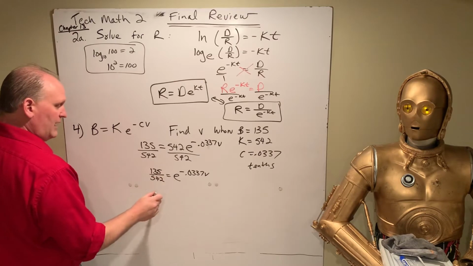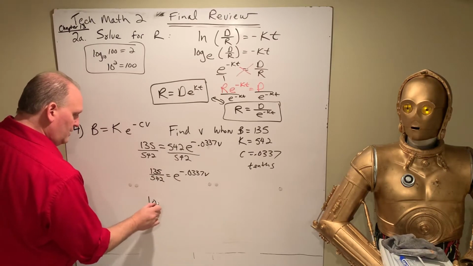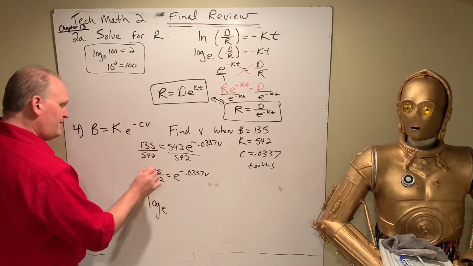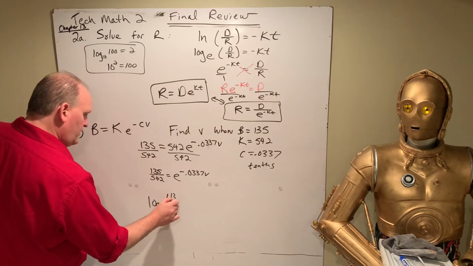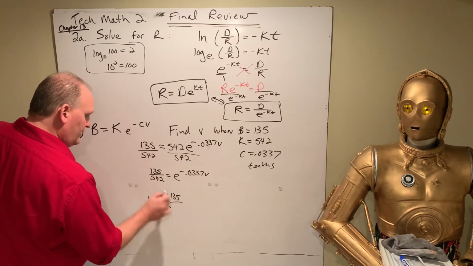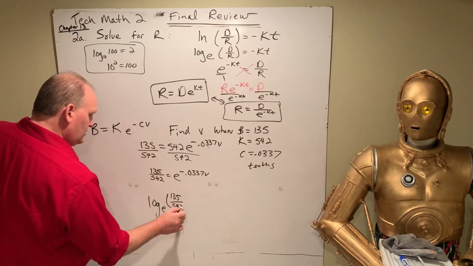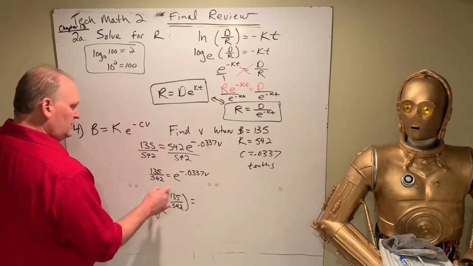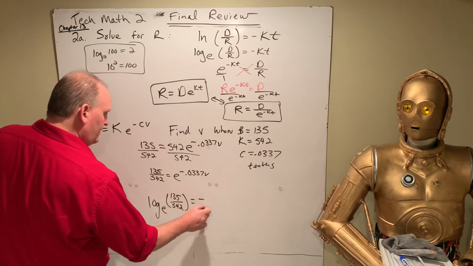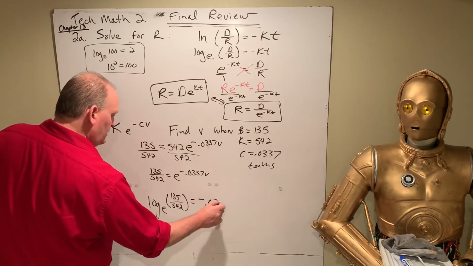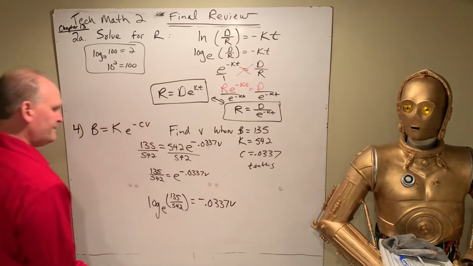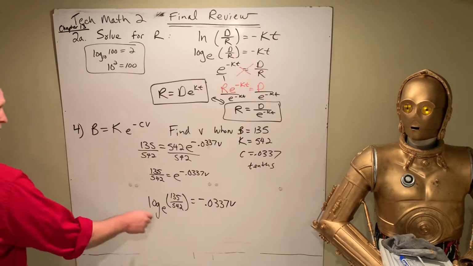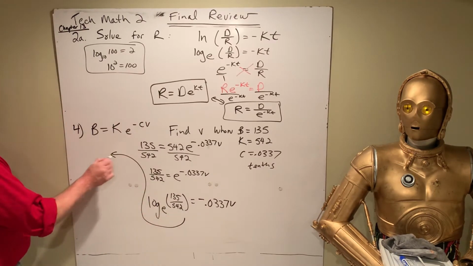We can say, okay, log base e of that number, 135 over 542, is equal to the power, negative 0.0337 V.